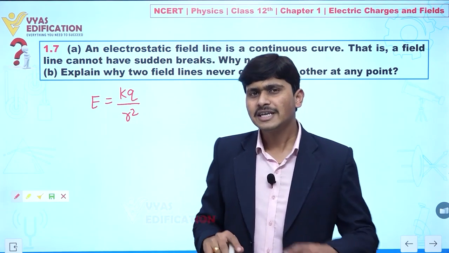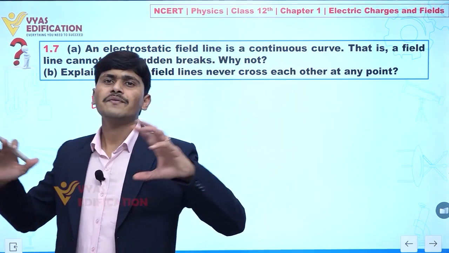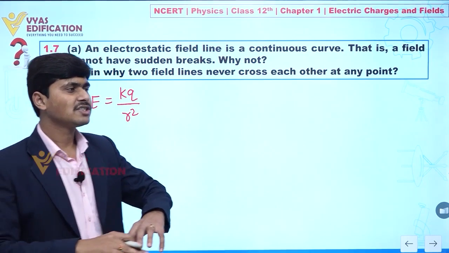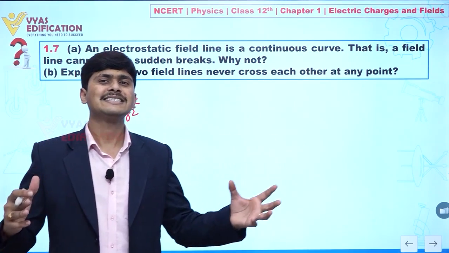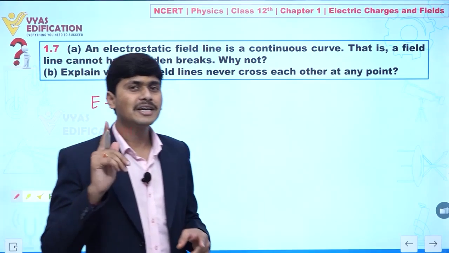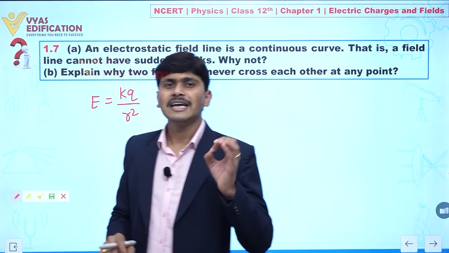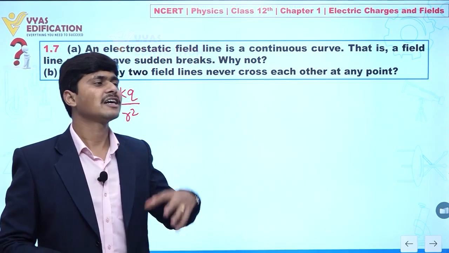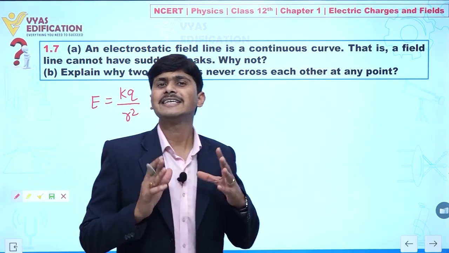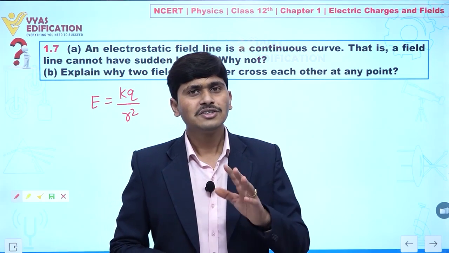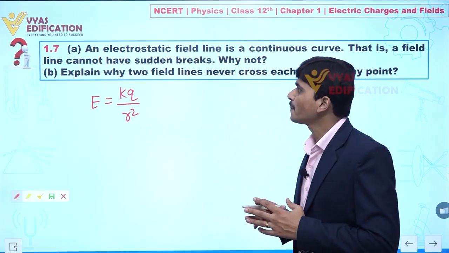Yes or no? So as we move away from a charge, the electric field line density decreases, but it becomes 0 only at infinity. Yes or no? So electric field lines always have a continuous curve, and do not have any sudden break. Clear to everyone? So this is the answer of question A.